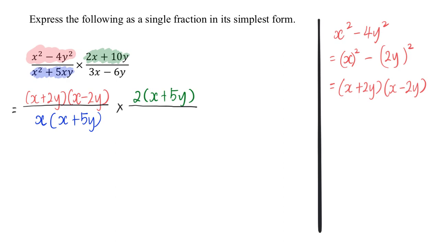And the last, 3x minus 6y also can take out 3 as the common factor, and I'm left with x minus 2y.